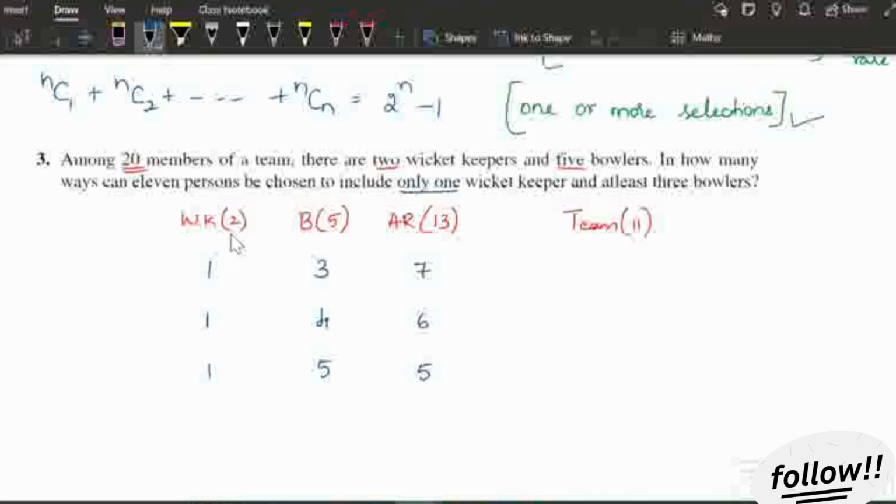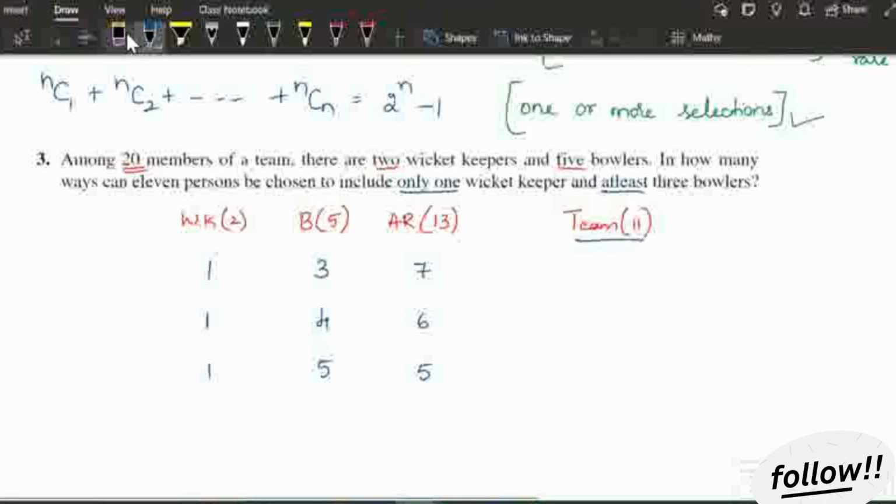Wicket keeper must be only 1. So I have written 1 here. Bowlers must be at least 3. When we say at least 3, it can be 3 and more. So I've started from 3. It can be 4. And it can be 5 bowlers also. According to this number, I have written how many all-rounders must be selected so that the total is 11.